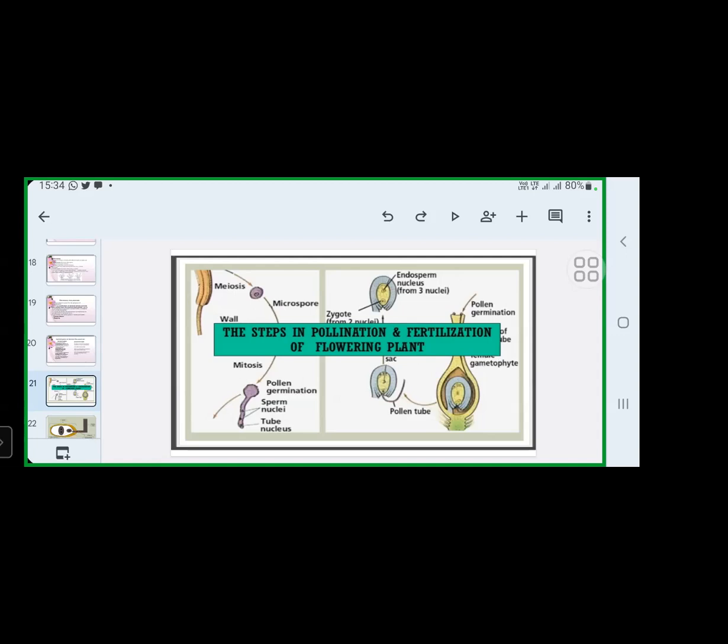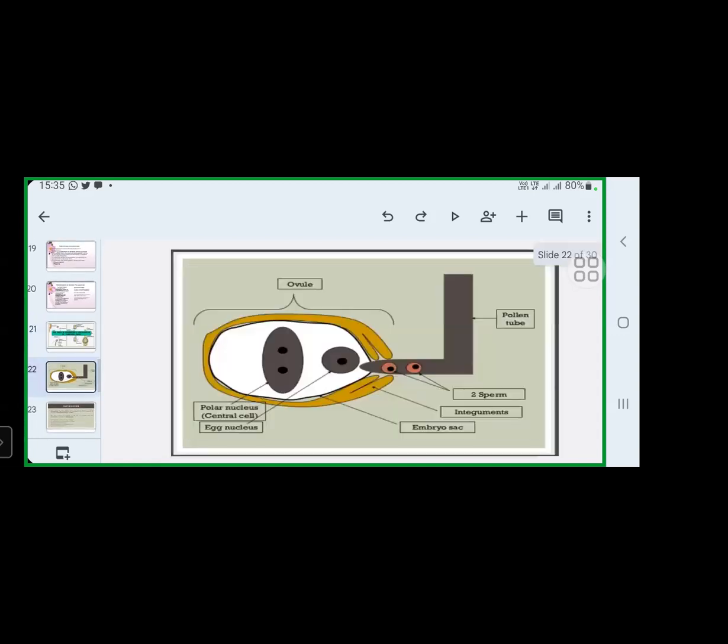So the various parts of the pistil are stigma, style and ovary. When we come to the fertilization process, we have double fertilization and triple fusion. We discussed in the last classes the structure of the ovule and the ovary. The embryo sac is 7-celled and 8-nucleate.